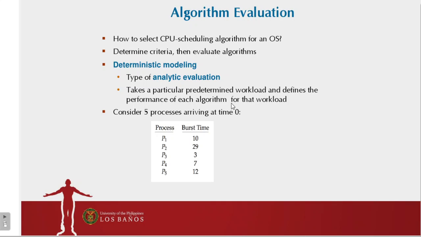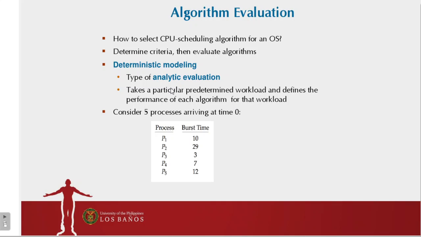Let's say you want to support interactive processes, or high server loads, etc. So you want to increase throughput, or you want to decrease the average waiting time, etc. So you have to set the criteria.